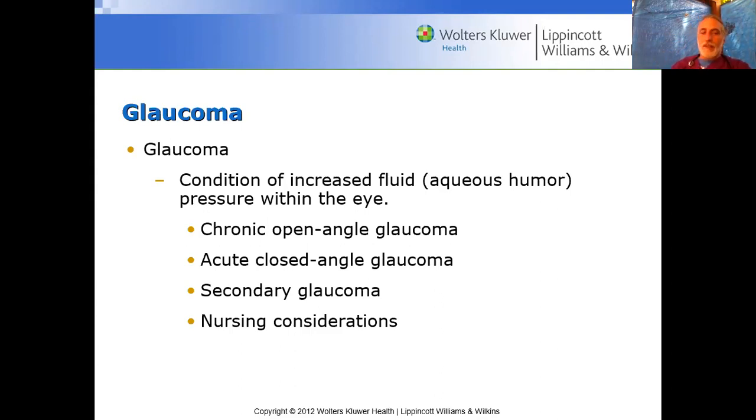So we've got chronic and acute glaucoma, and secondary glaucoma. Okay, here's the time to hit primary versus secondary. So a secondary condition, right, is a condition that results as a side effect of something else. So secondary glaucoma would be increased fluid pressure in the eye that is the result of another condition.